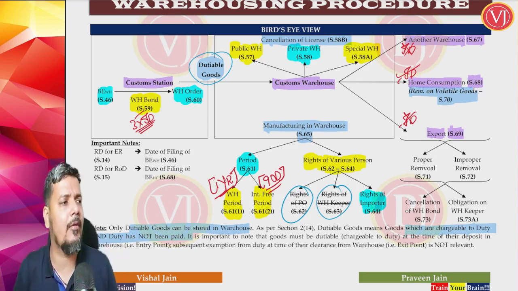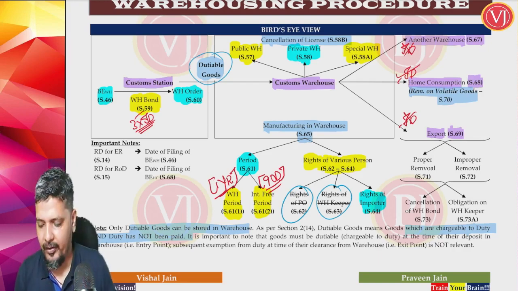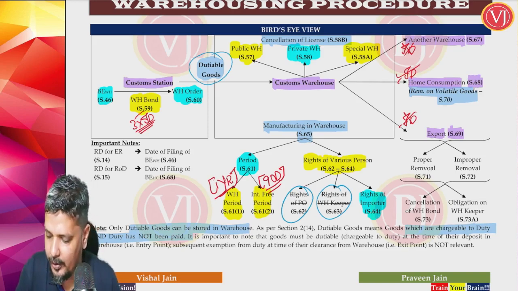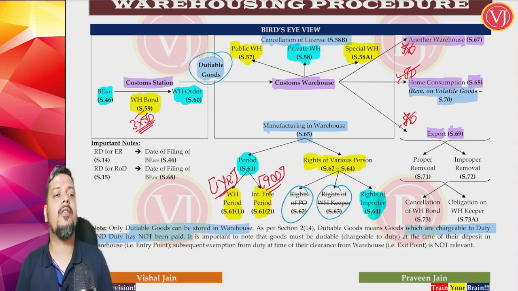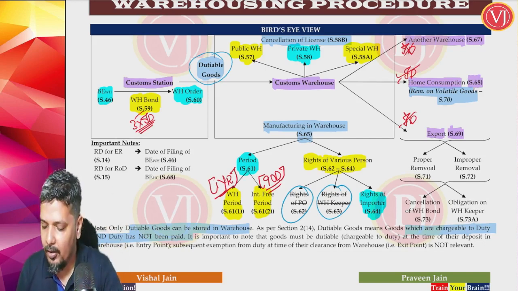Let them decide what they want. So now they no more talk about right of proper officer, section 62 omitted. They no more talk about right of warehouse keeper because it is a private contract, section 63 omitted. Now they only talk about right of importer, section 64. Sections 62 and 63 themselves are omitted. Clear?